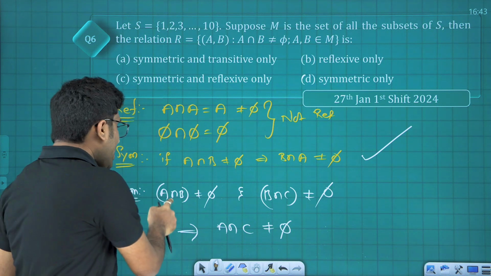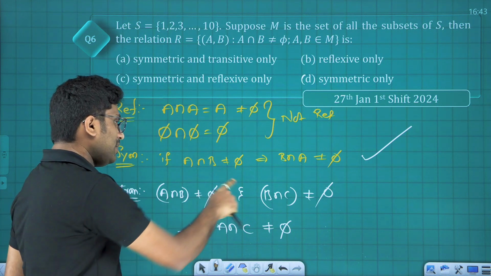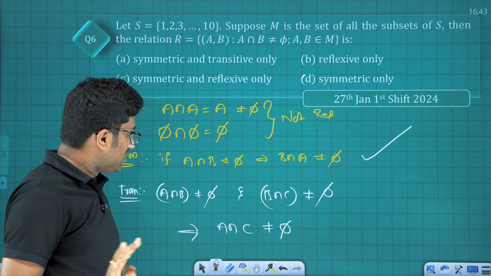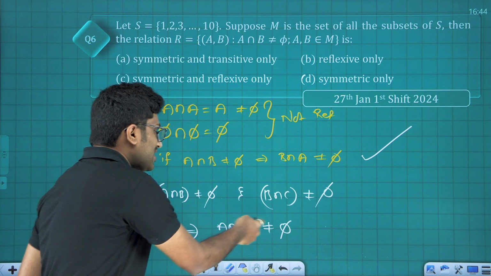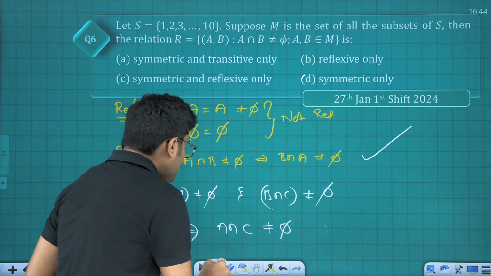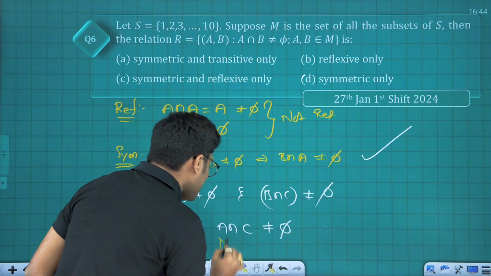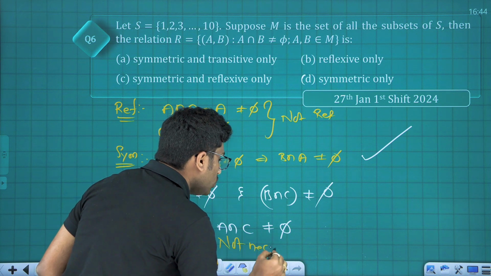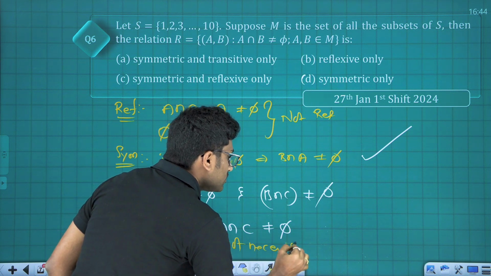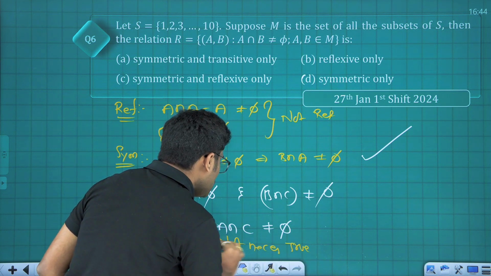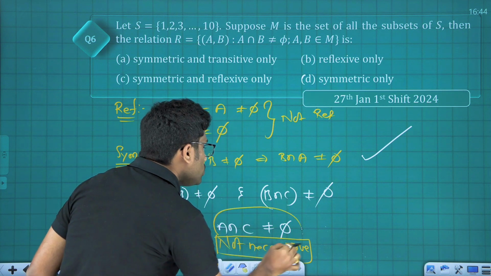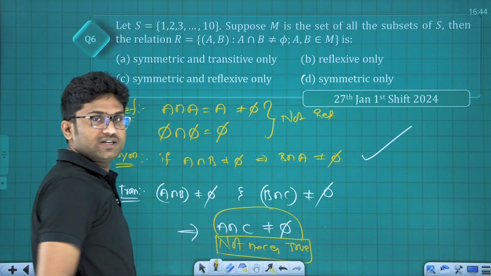But if A intersection B is not 5 and B intersection C is not 5, can we say A intersection C is not 5? Not necessarily. So this statement is not necessarily true. So that means you can't say that it is a true statement.